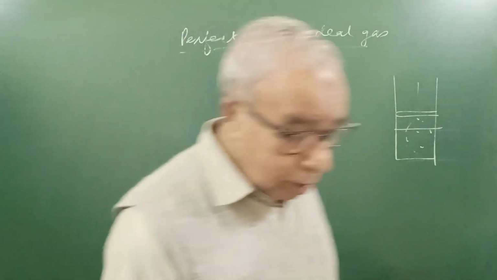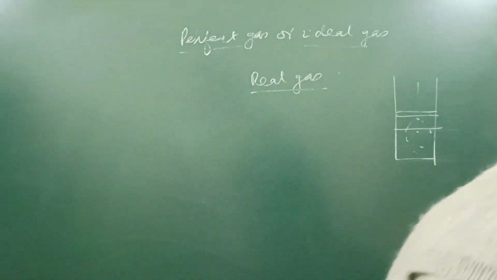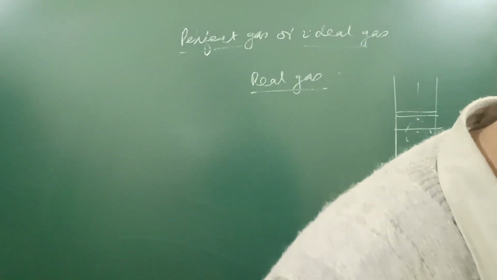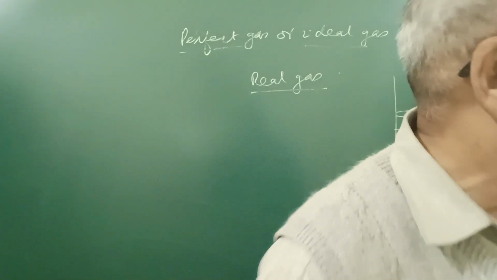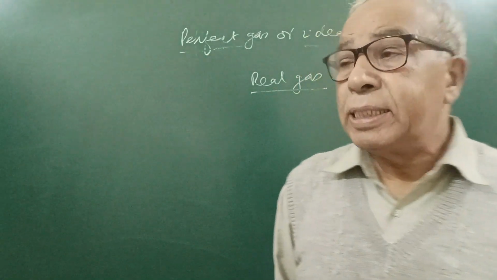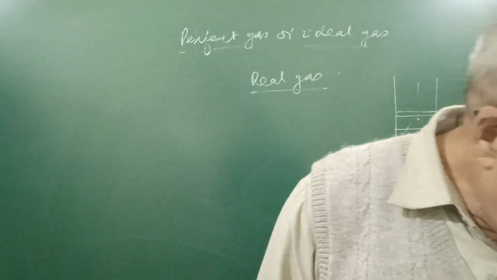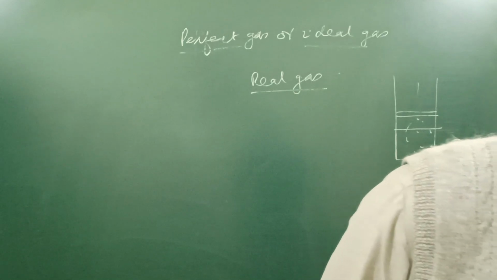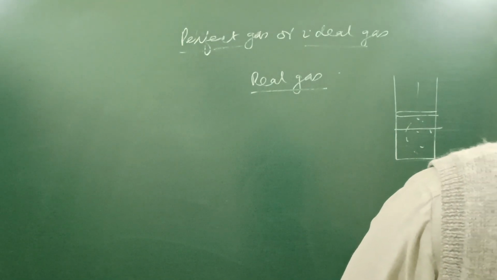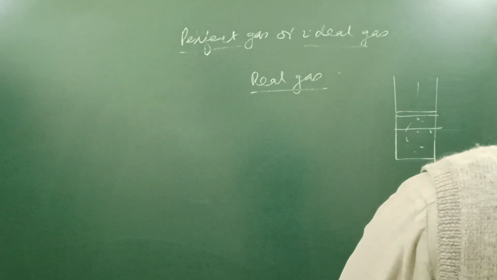So here the question: a real gas behaves like an ideal gas if its pressure and temperature are both high. Option B, pressure and temperature both low. C, pressure high, temperature low. D, pressure low, temperature high.